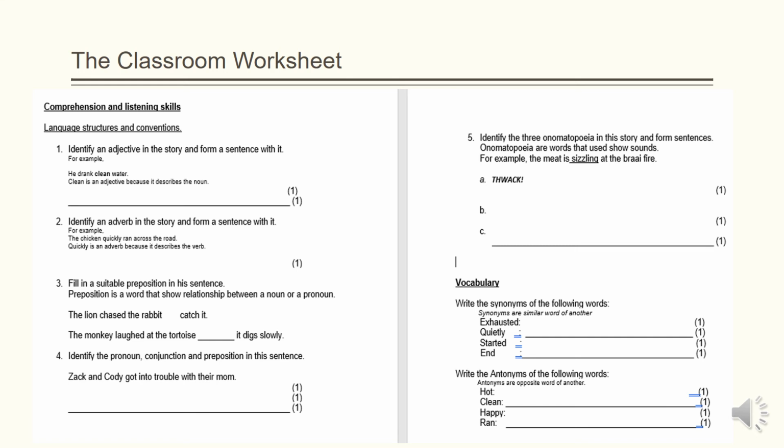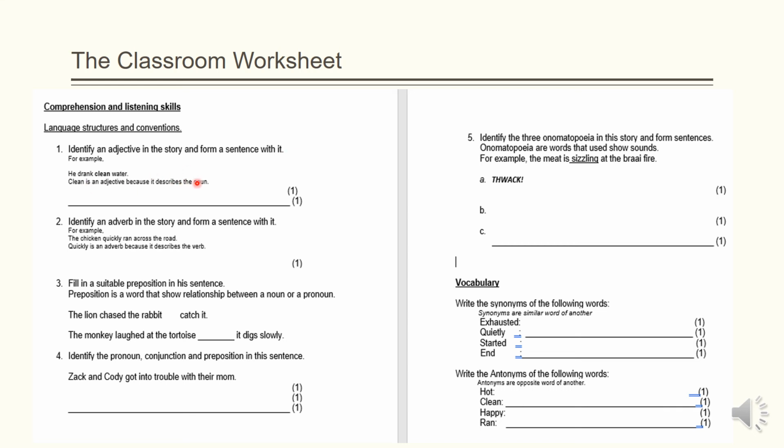Okay, let's look at the classroom worksheet that I was talking about earlier. We did mention that it had to have language structures: identify an adjective in the story, form a sentence with it. This is actually teaching both parts of speech and how to form a sentence structure.